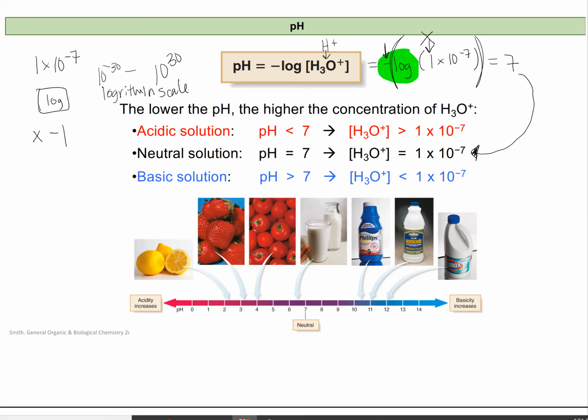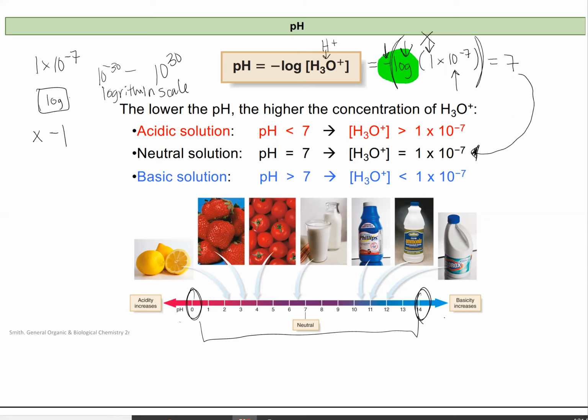That allows us to measure pH as typically 0 to 14. And it can be higher than 14 and lower than 0. But most of our values are going to fall in this range when we apply a log to the concentration. And so that's where our pH scale comes from.